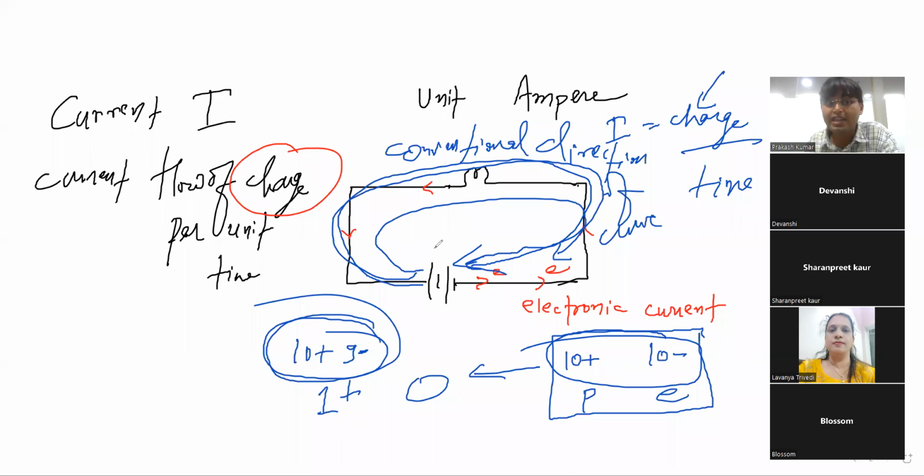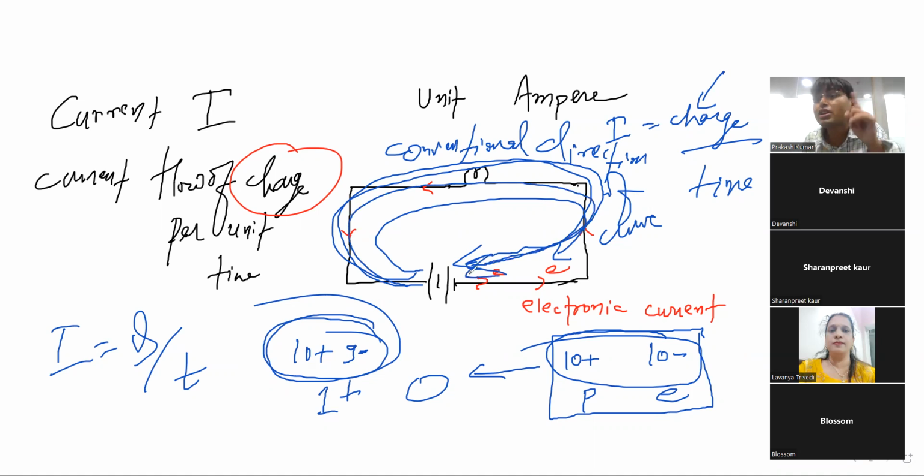And that you study I equals Q by T. But the current you are thinking of was actually the electrons flowing from negative to positive. So to make it simple, we take the direction positive to negative as the conventional direction.